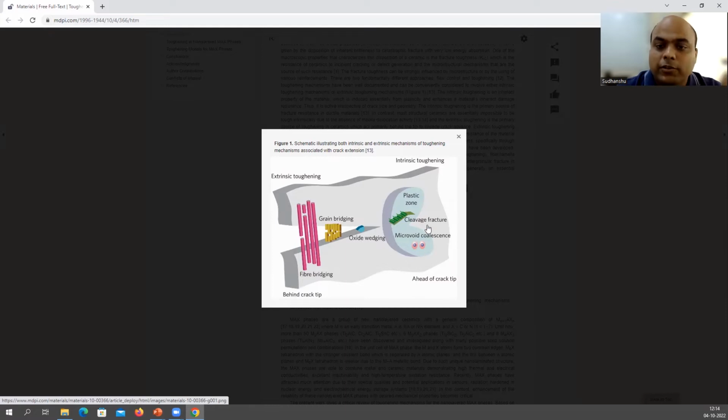Okay. So you are going to see plastic zone formation, which is an intrinsic mechanism in metals and alloy systems, right? You are going to see activation of slip systems. You are going to see microvoid coalescence, right? Those are intrinsic. Cleavage fracture, those are the nature of that particular system. So they are going to promote the crack growth.